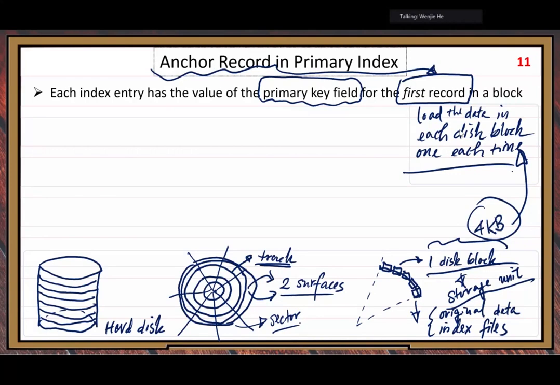Each visit, you load one disk block of data into the main memory. So that's why this unit concept is important. One page, just like a page, one page of data into the main memory. So one unit, this much. Appropriate data size: if the size of each disk block is too small, then it's not efficient, because the hard disk is relatively slow.